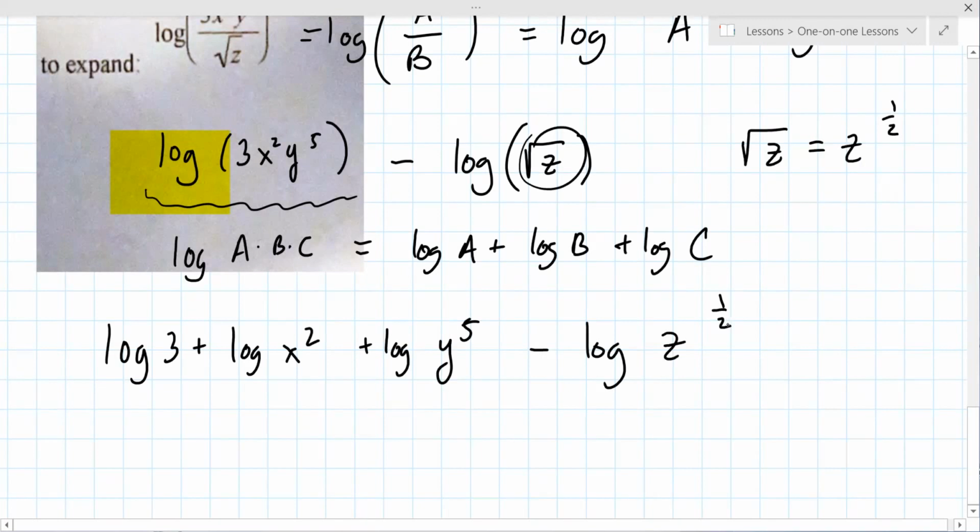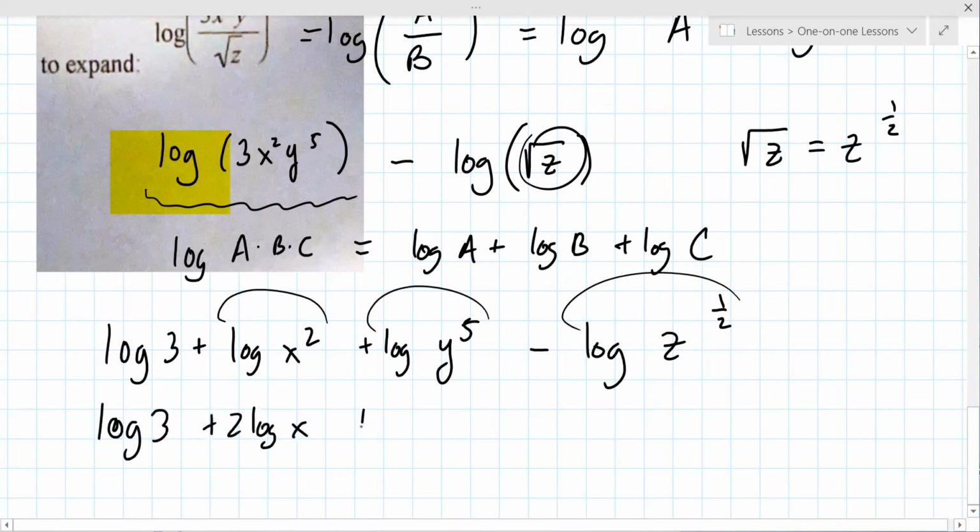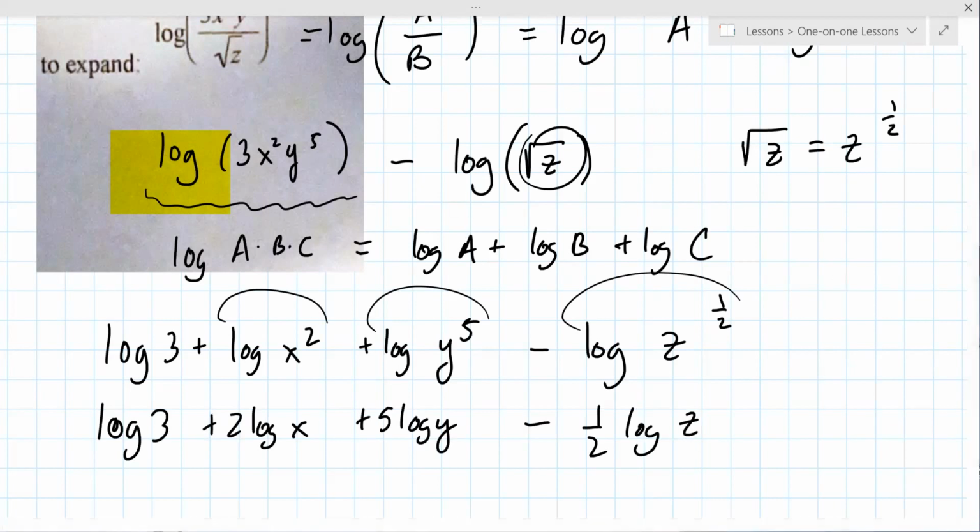Okay. So the exponents can come out in front. So this 2 can come out in front, this 5 comes out in front, this 1/2 can come out in front. So it's log 3 plus 2 log x plus 5 log y minus 1/2 log z. And that is fully expanded.